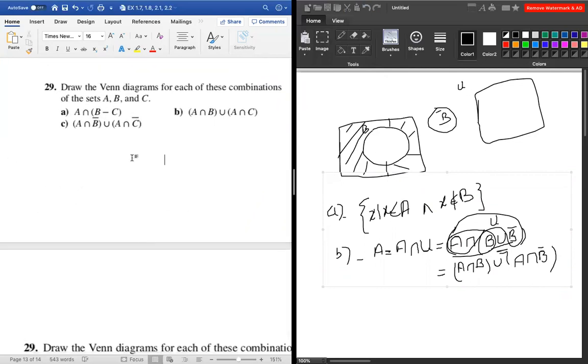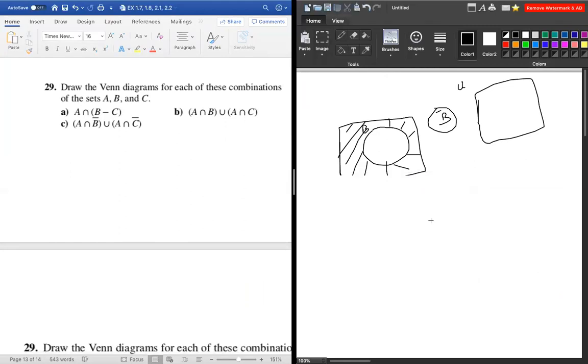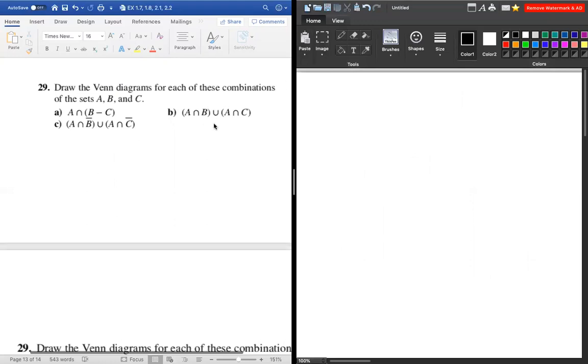So we have to draw the Venn diagram for these members of the set.